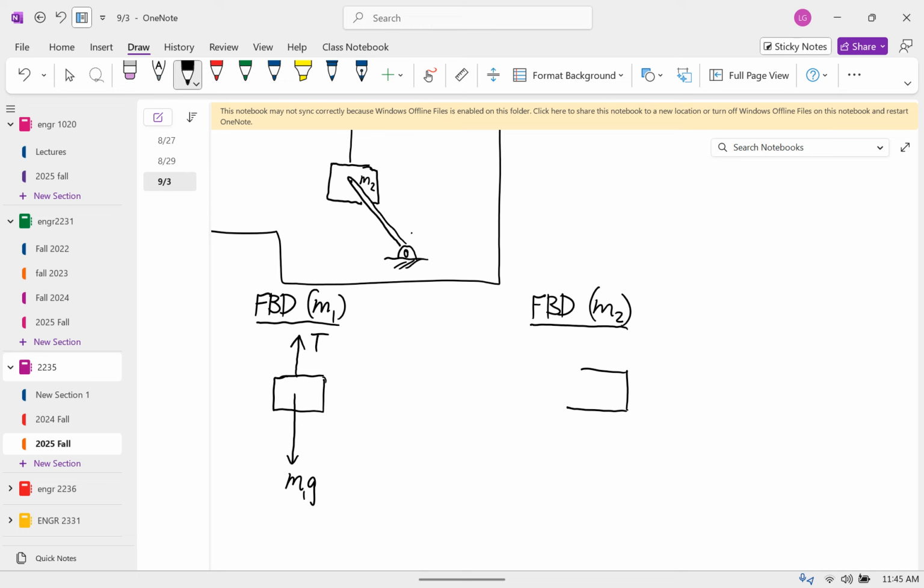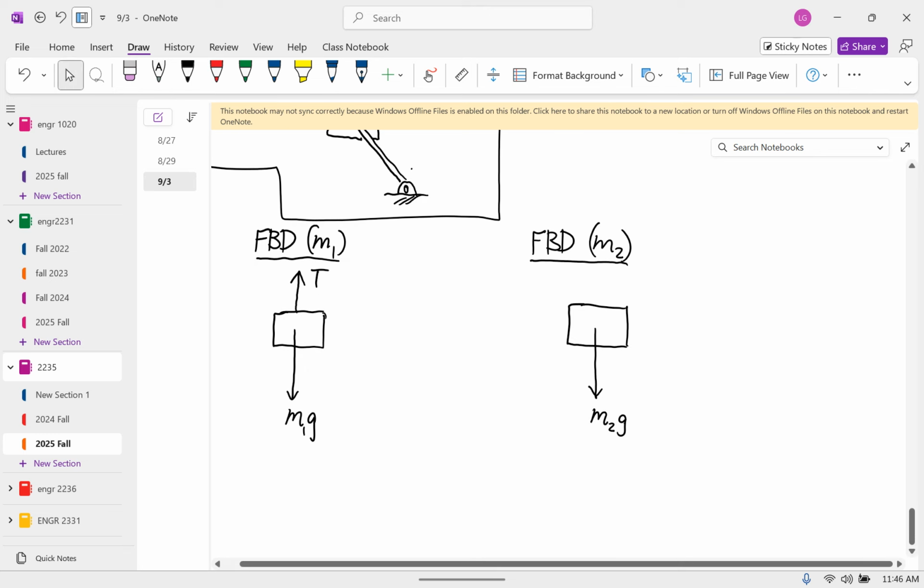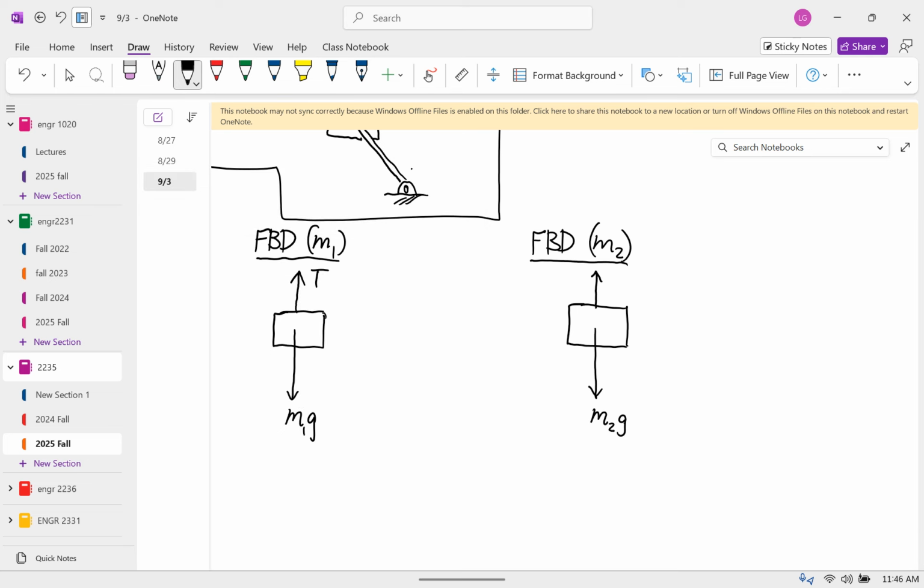There's an outline of the body. There's a weight down of M2 times G. There's a cable force that's parallel to the cable away from the body. Yes, they are the same, because it's the same cable. And then we're going to treat the slender rod the same way we treat a cable.